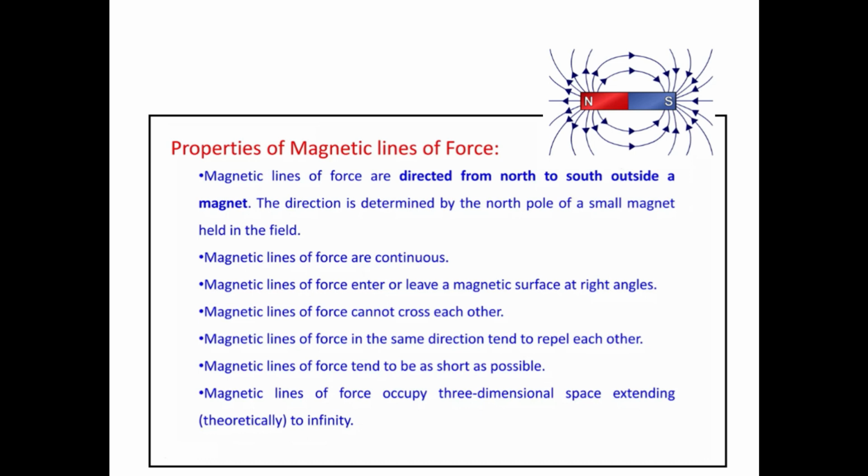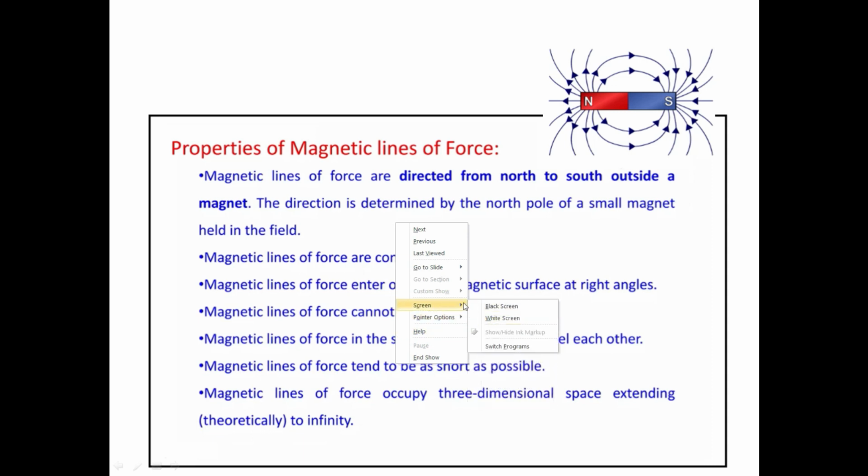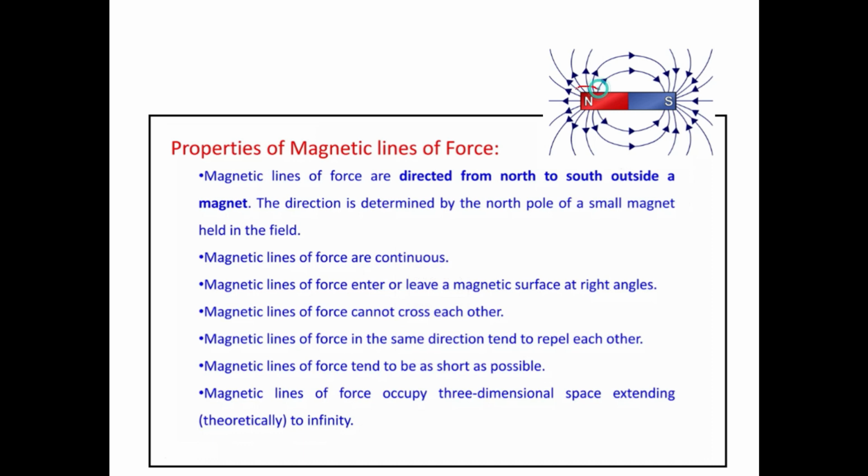Magnetic lines of force travel from north pole to south pole, and they don't cross each other. They are three-dimensional, extending to infinity, theoretically speaking, correct.